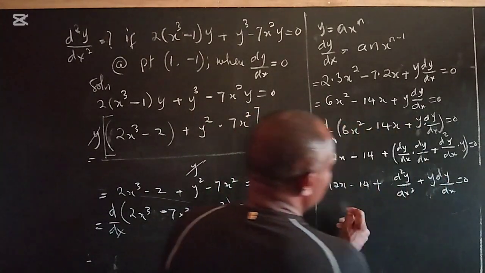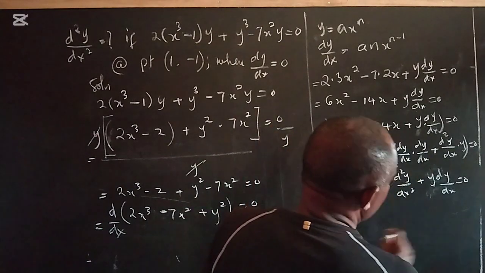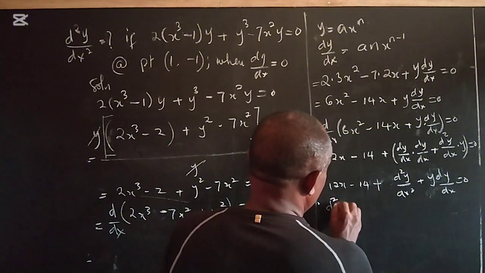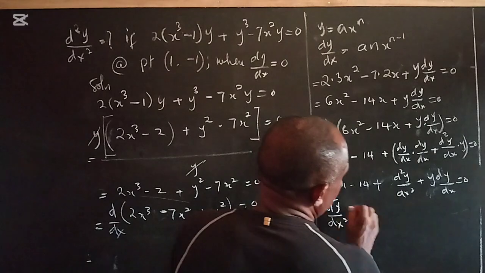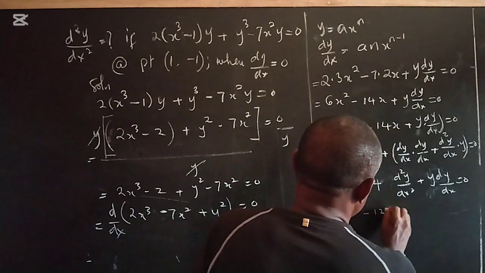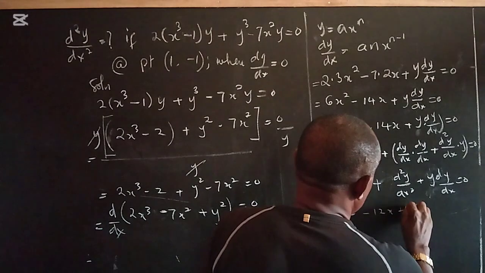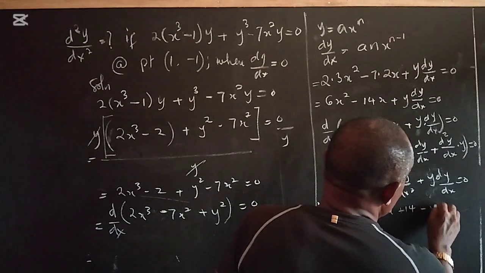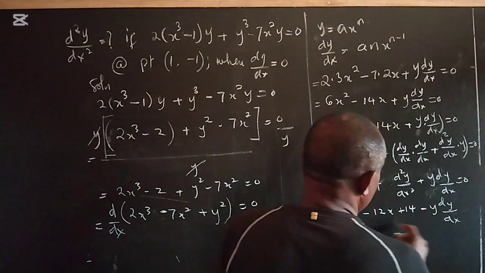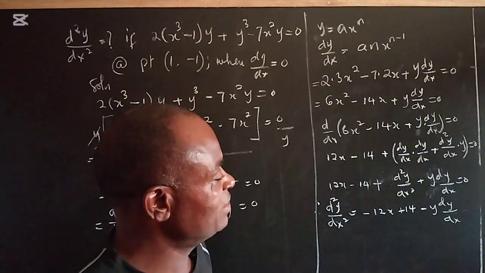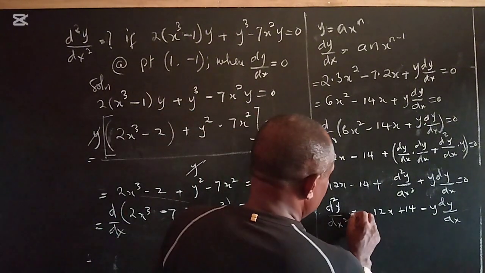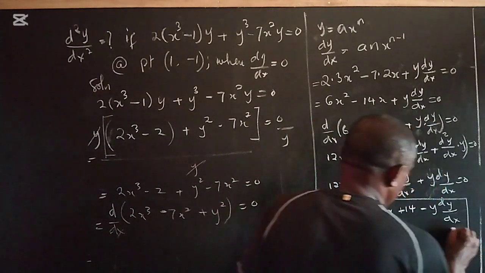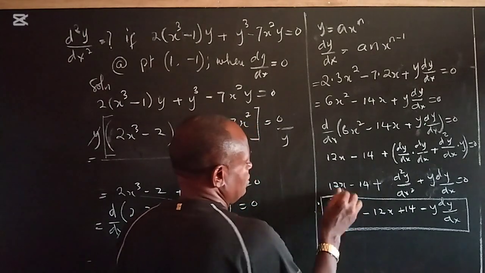Making it the subject, we transfer all the other things to the other side. What that will look like is, d squared y over dx squared equals, if I take this to the other side, minus 12x, plus 14, minus 2 times (dy/dx) squared, all over 2y. Look at the way it has turned out to be. At this point, this becomes the required solution that we were asked for.